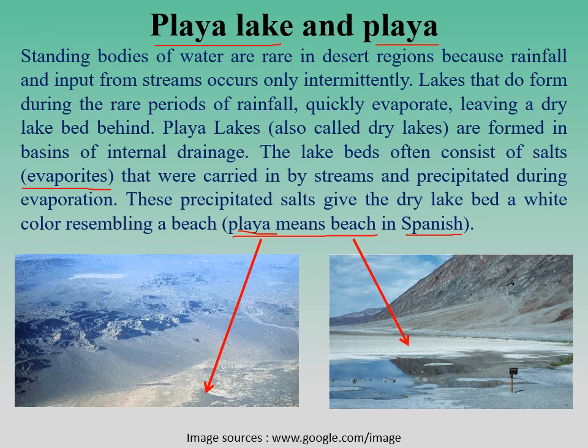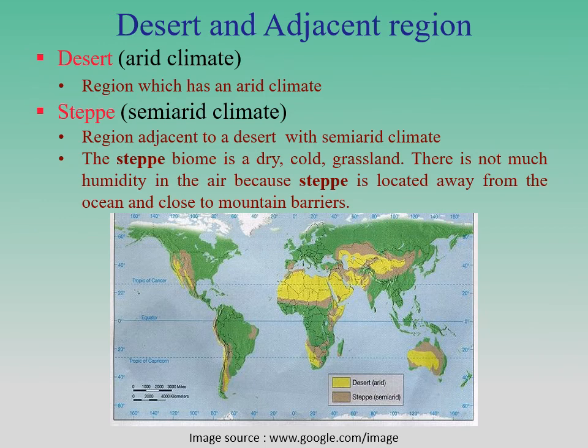Now, if you look at the desert and adjacent regions, deserts are regions of arid climate, very dry condition where there is almost no precipitation throughout the year or very low precipitation, but loss of water through evapotranspiration is very high.